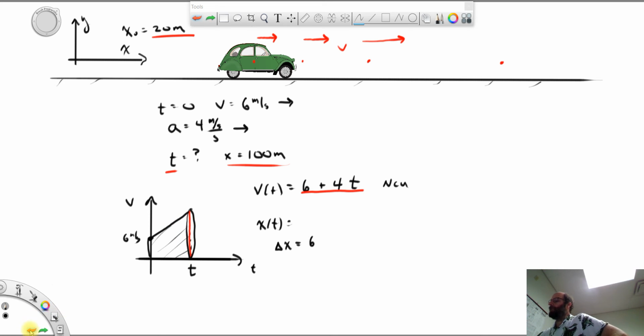And here's what gives people trouble: that's not a number, that's a function. We just use it anyway. 6 plus 4t, then divide by 2, times the width of the trapezoid, which is that distance right there, so times t. Again, it's really important to realize this is this function, which is this distance on the graph.